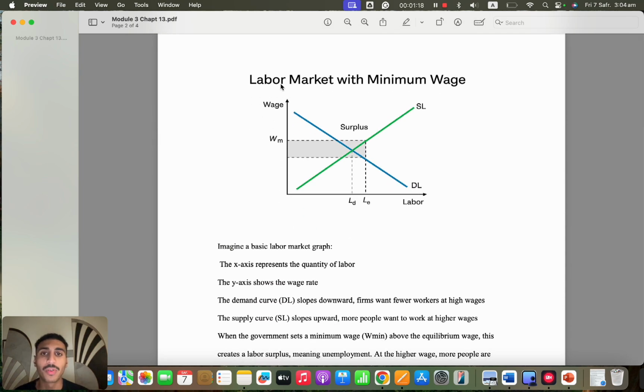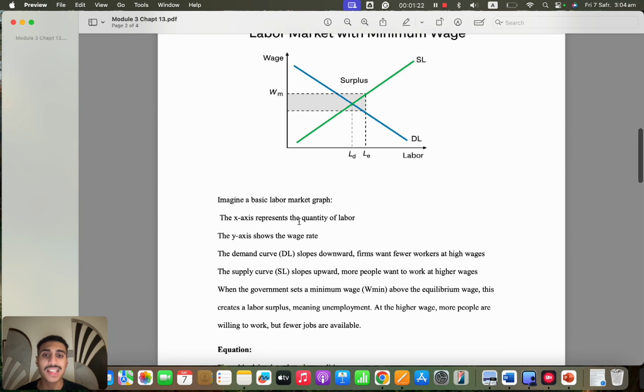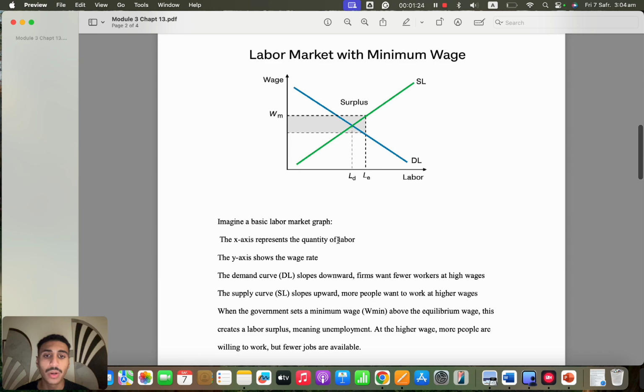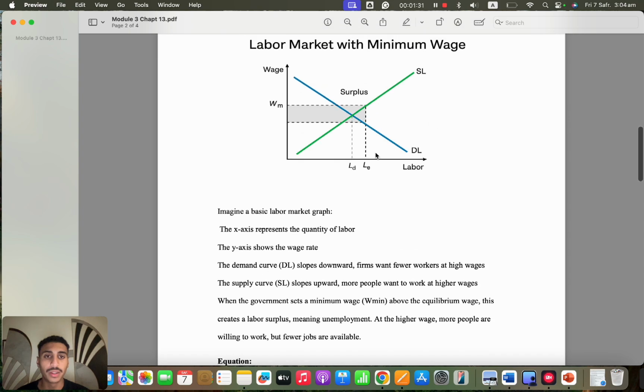Here is a graph of the labor market with a minimum wage. As you can see, the x-axis represents the quantity of labor, while the y-axis shows the wage rate. The demand curve, the demand for labor, slopes downward, as you can see in the blue line.